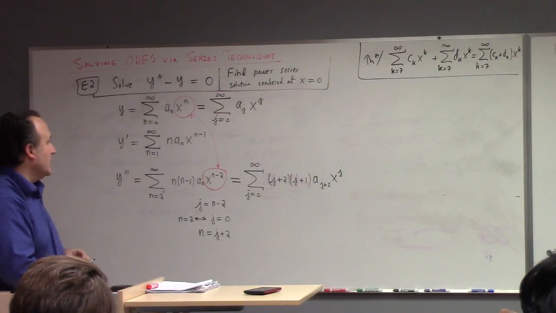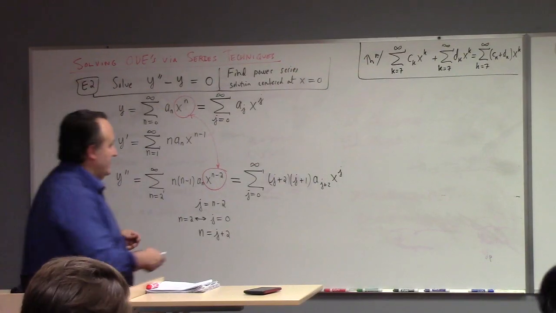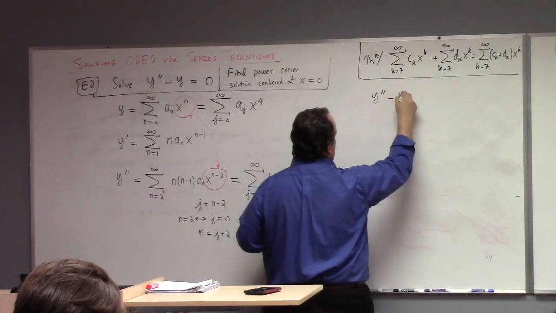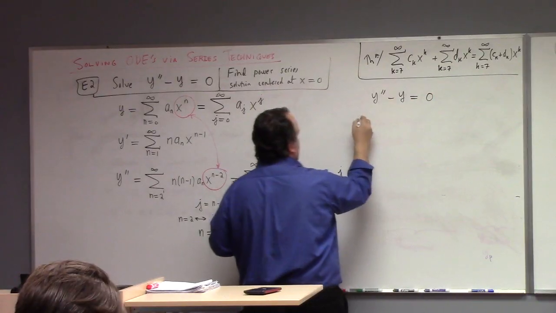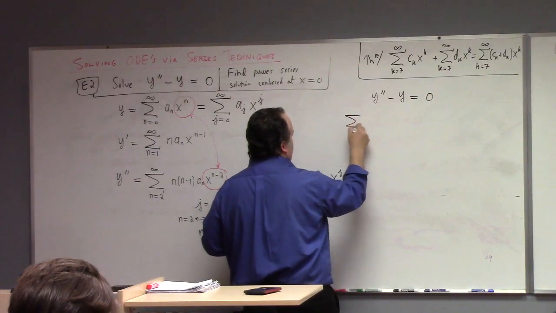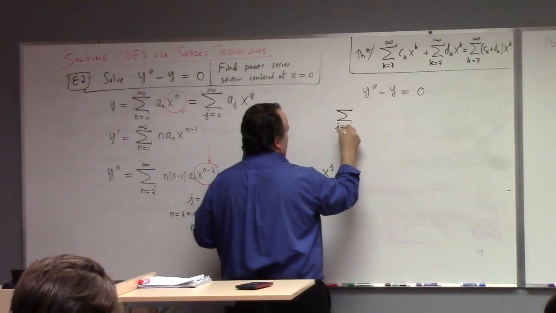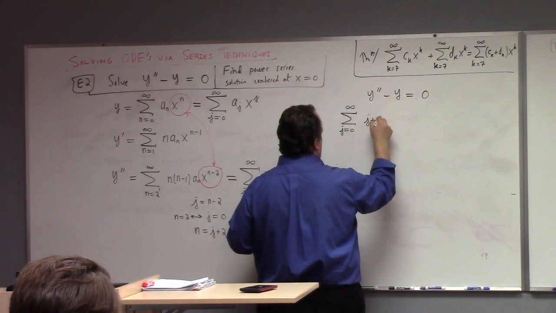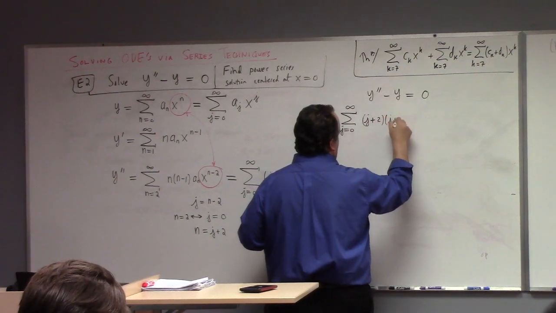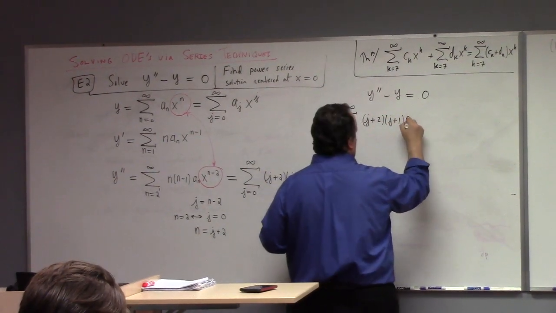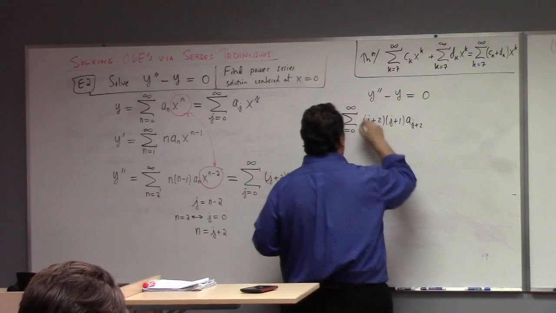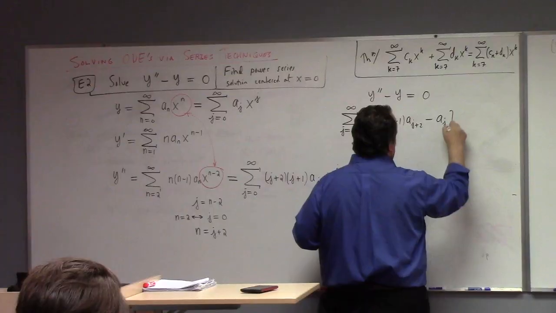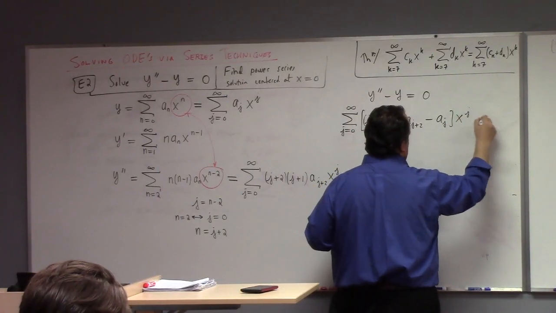Okay, so let's work it out then. We have y double prime minus y equals 0, which, in view of the summation formulas I have on the board, is the sum j equals 0 to infinity of, well, my y double prime is j plus 2 times j plus 1 times a sub j plus 2, and then I have to subtract a sub j, and then I've got my x to the power j, and that's all equal to 0.